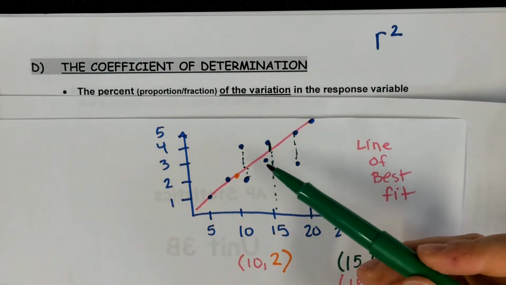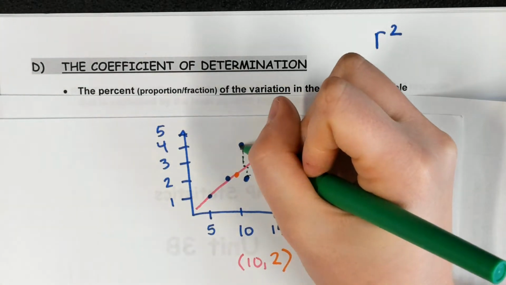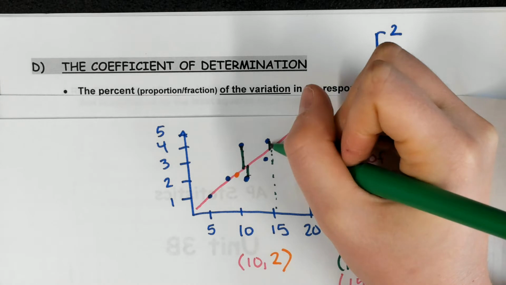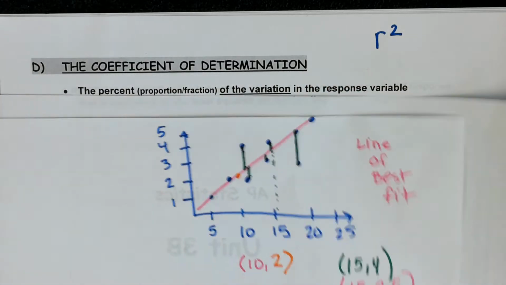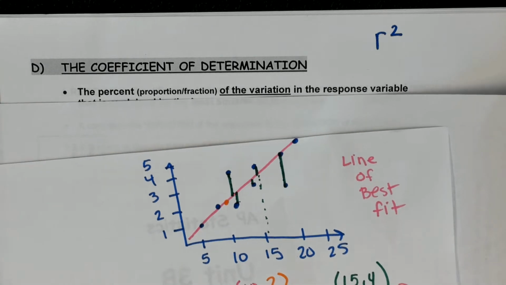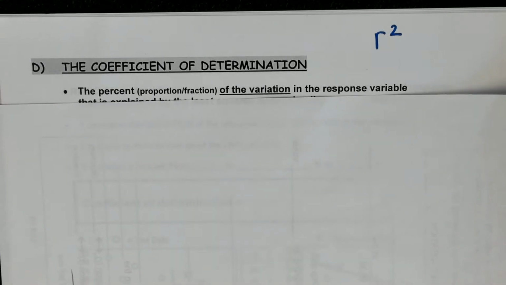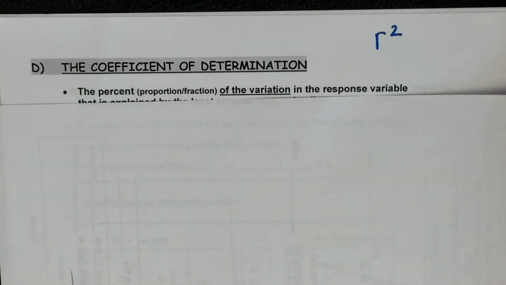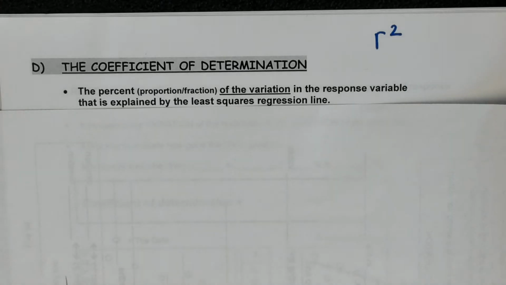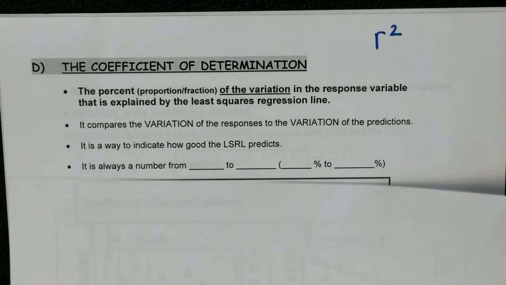There is some variation from here to here to there. So we're going to have variation in our response variable. So it's the percent of the variation in our response variable that is explained by the least squares regression line. Okay, that is kind of confusing, but let's just keep going.